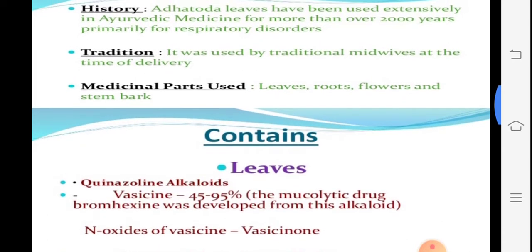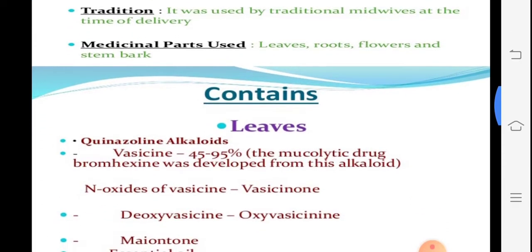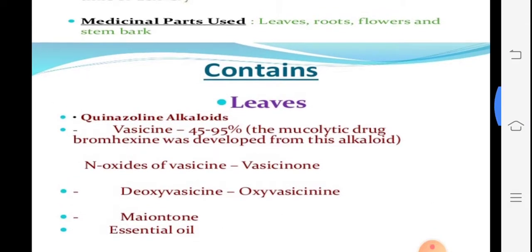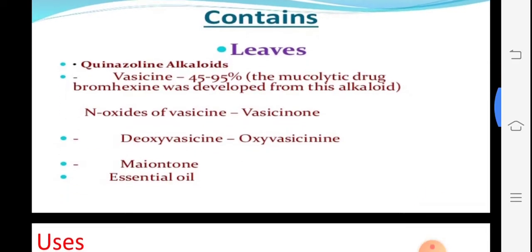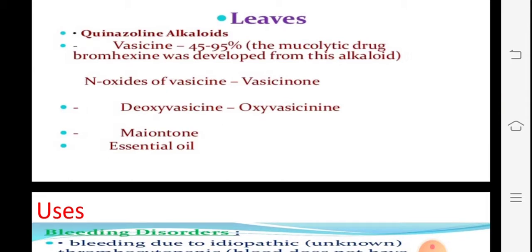Historically, it has been reported since 2000 years back, and traditionally used for different conditions. The common parts used are the leaves, roots, flowers, and stem bark. The leaves show about 45 to 95% vasicine.